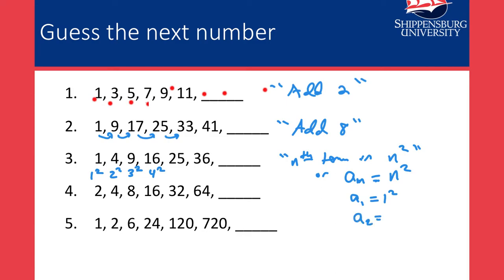If I say a2 is 2 squared, a3 is 3 squared, and so on, it's shorthand for saying the nth term is n squared, but I can do it with a formula, and the idea that in that formula, the letter n can represent the numbers 1, 2, 3, 4, 5, and so on.